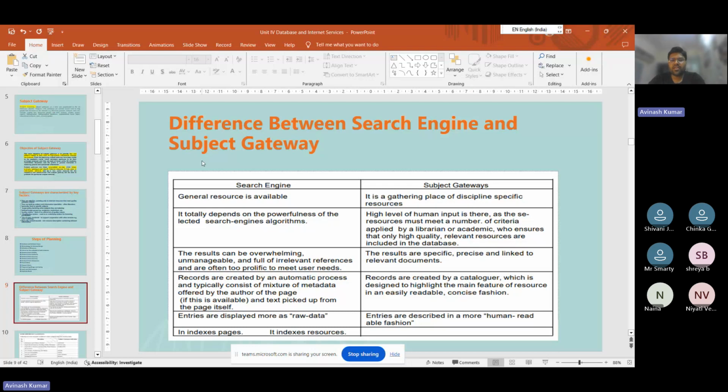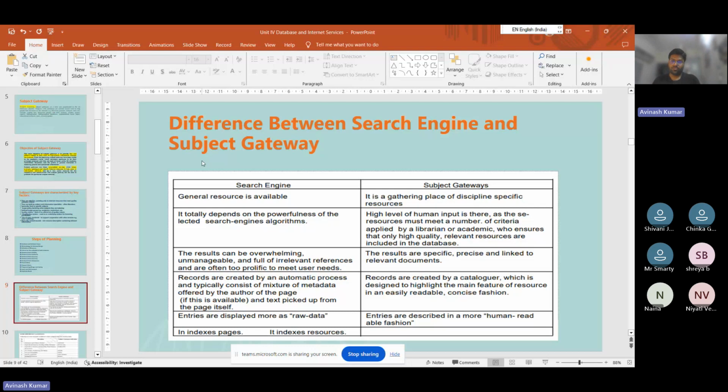A search engine is a general resource. Okay, with a search engine, when you click, you will see millions of results, millions of pieces of information, but you don't find exactly the information you want. But with a subject gateway, if you want particular fields and particular information, you get it, and there are no unnecessary things. They have only the particular things the user wants, while a search engine provides everything according to the algorithm of Google, and stores all the information.